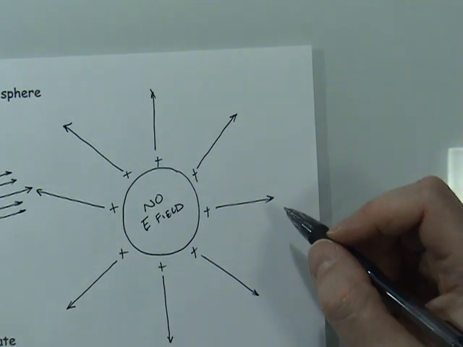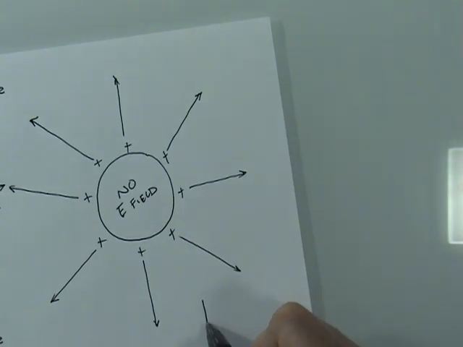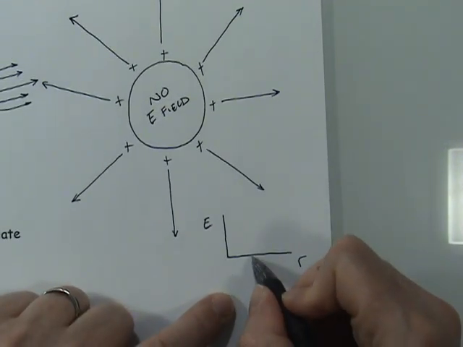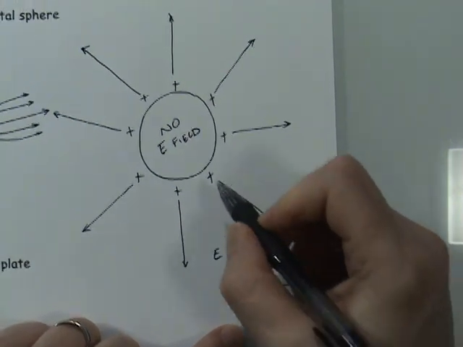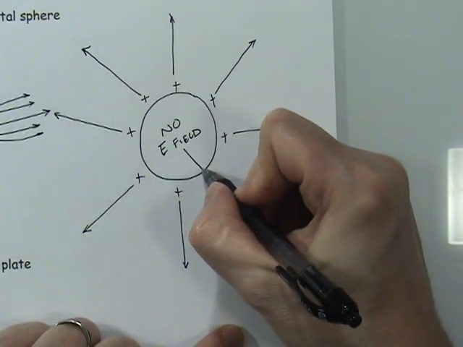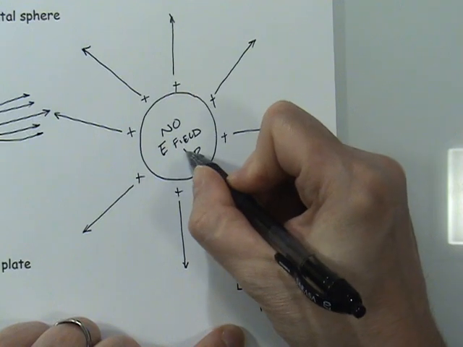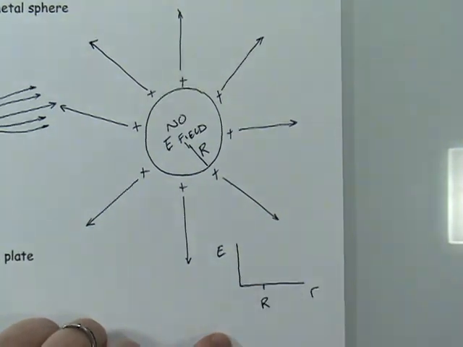Okay, if you thought about this in terms of a graph of what it looks like if we were to measure the electric field versus the radius, imagine that there was a special spot here, big R, and big R is the radius of this sphere that we've drawn.